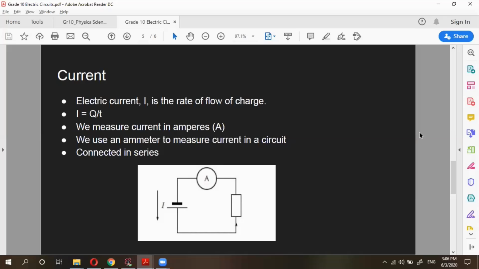In other words, we divide it by time, which is T or delta T. The electric current, capital I, is calculated by taking the quantity of charge that passes any point or section in the circuit divided by delta T, the time.